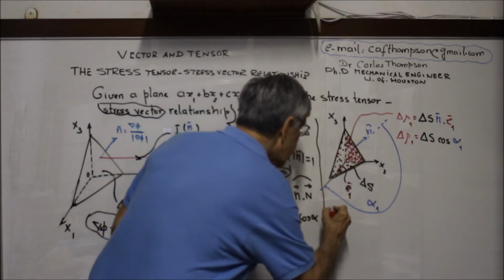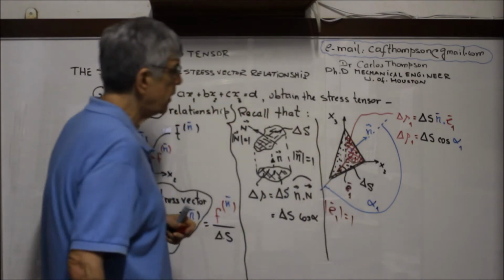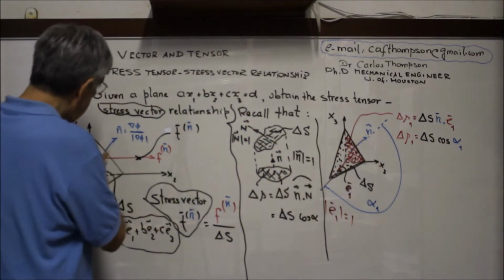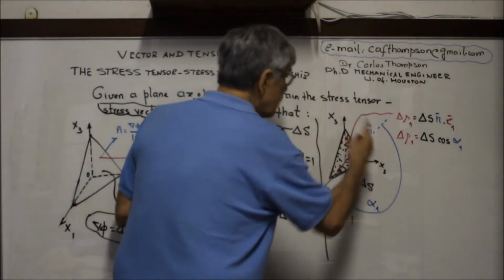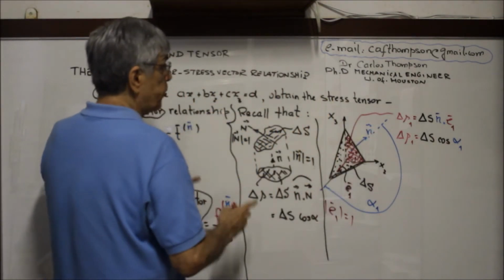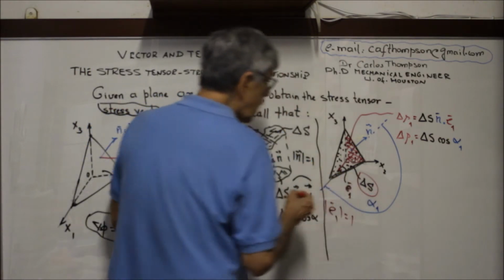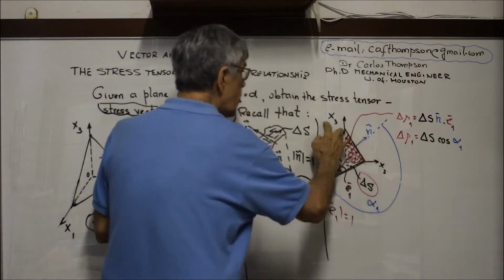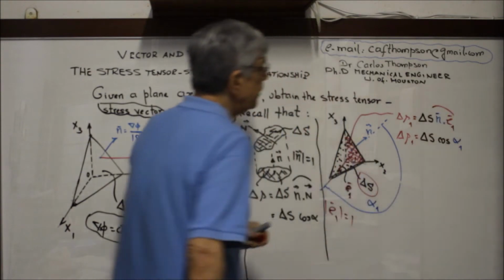Don't forget, the magnitude of E1 is equal to 1. And the magnitude of n, the normal to the plane, is also 1. So, given this delta S, to obtain the projected area in the x2, x3 plane, you just do the dot product. Look how easy.